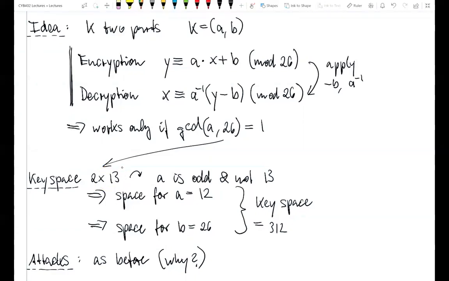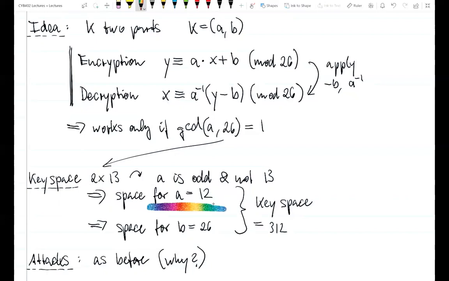From 26 numbers, we discount all the even numbers, which leaves 13 numbers, all the odd numbers, and then we discount 13. So our space for A is really just 12.